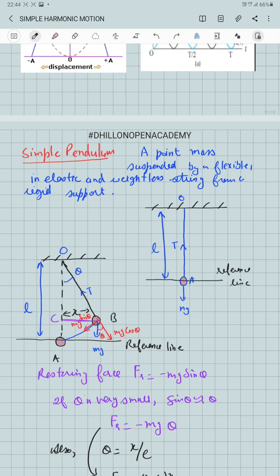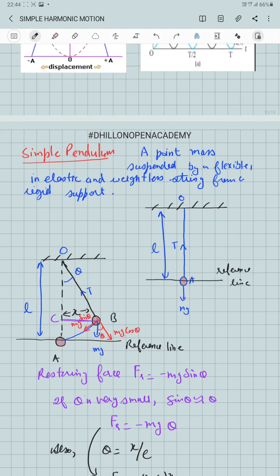So mg sin theta behaves like a restoring force. The restoring force acting on the bob will be minus mg sin theta. The minus sign is taken because this restoring force is directed opposite to the direction of displacement.